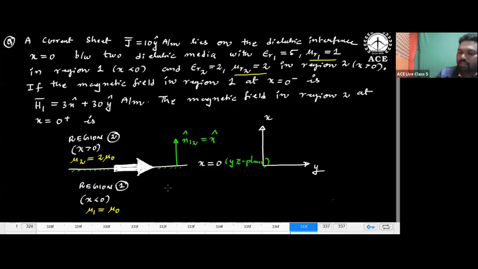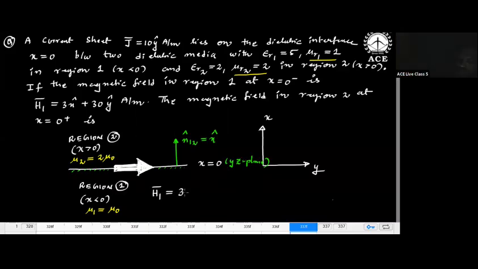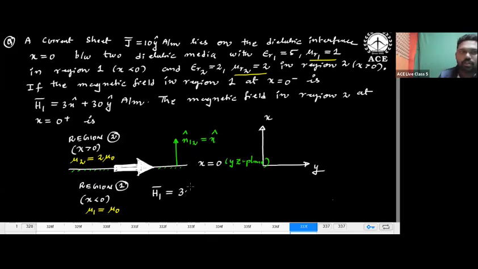And what is the magnetic field in medium 1? Given H1 is equal to 3x cap plus 30y cap.